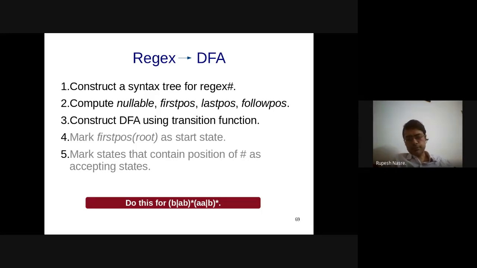That seems fine. Because that root node is representing the complete string, which is always ending with sharp, and therefore the last pause should contain sharp. Can it contain anything else? No, it cannot contain anything else. It has to contain only the sharp sign for the root node. That seems correct.